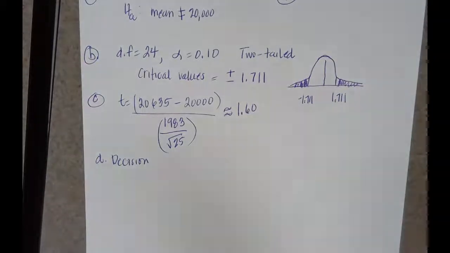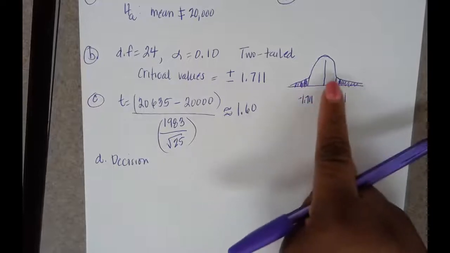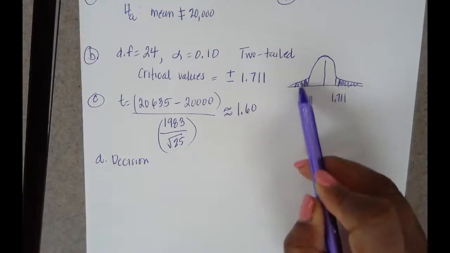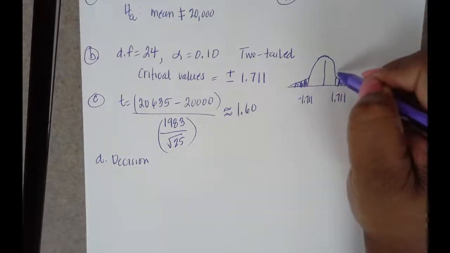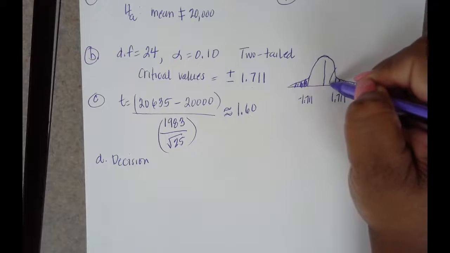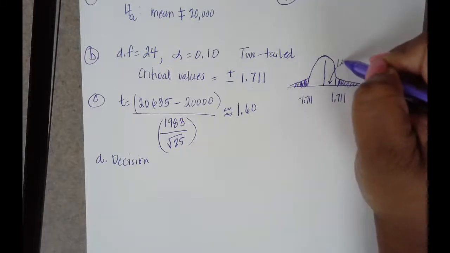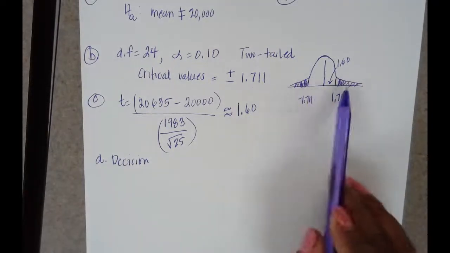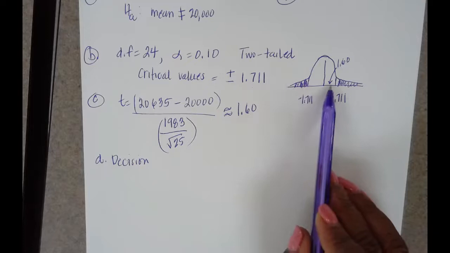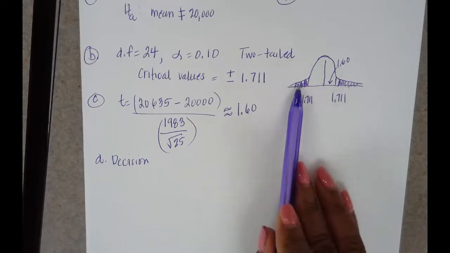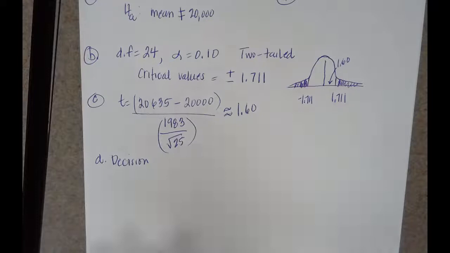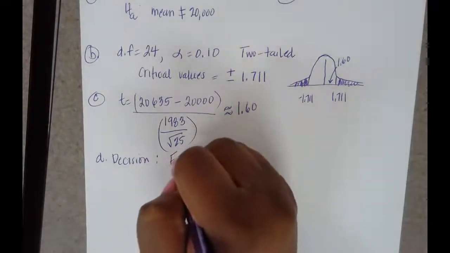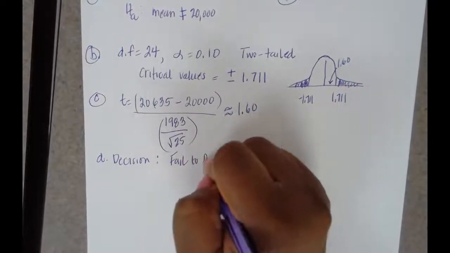If this number falls in these regions, where clearly 1.60 doesn't fall here, because 1.60 is about here, right? So it does not fall in the rejection region. So our decision is going to be to fail to reject.